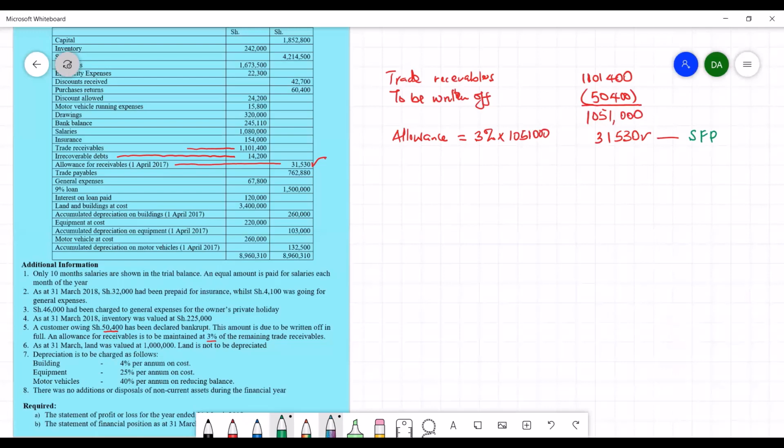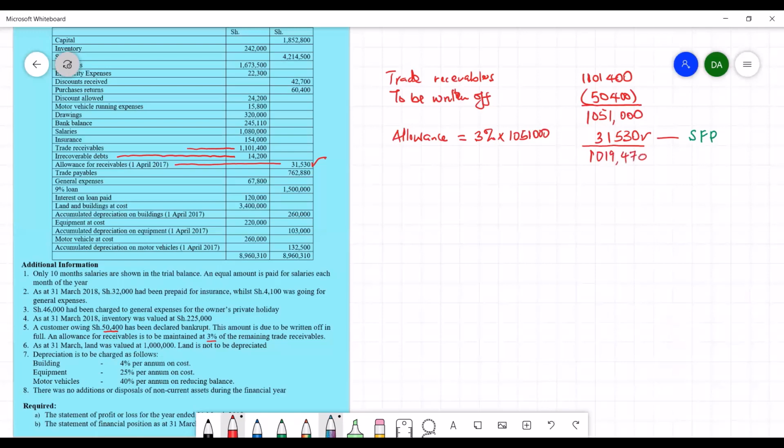So what we're going to remain with, that should be presented in the statement of financial position as the receivable, should be equal to 1,019,470.